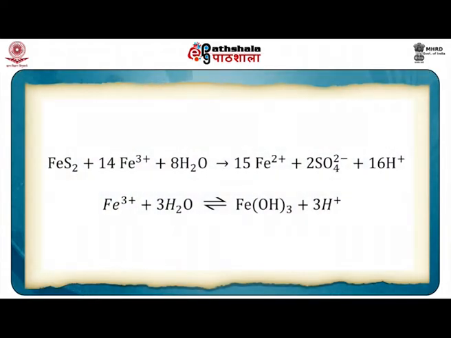Ferric ions, produced in the reaction discussed earlier between ferrous sulfide with water and oxygen, dissolve the pyrites further and constitute a cycle for the dissolution of pyrite, which is shown in the equation.